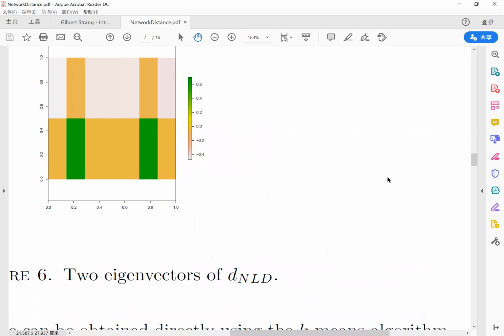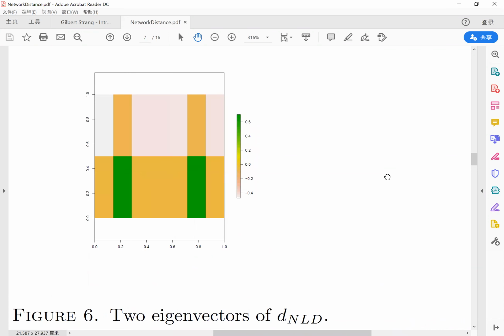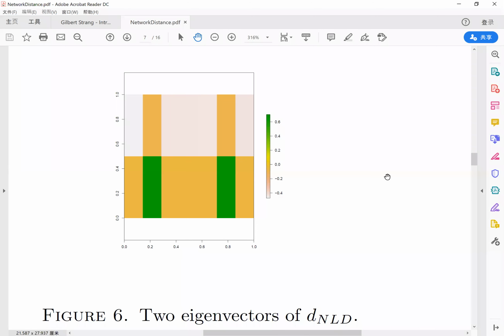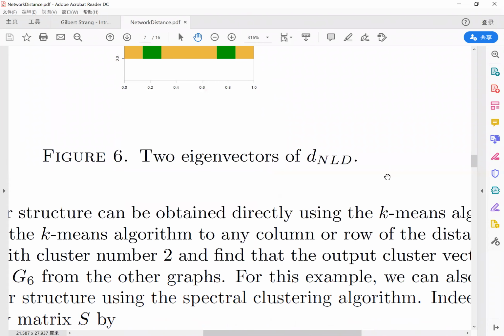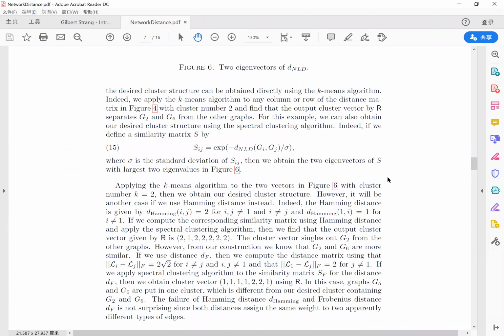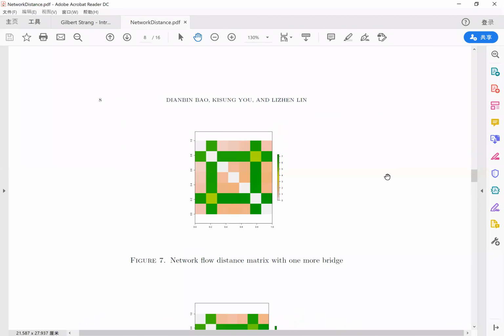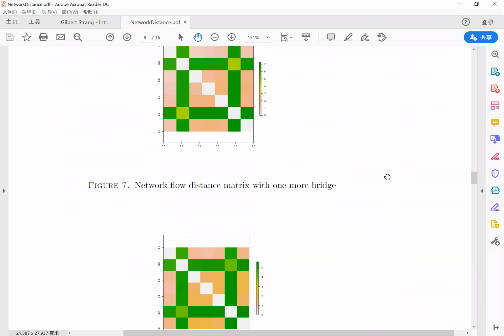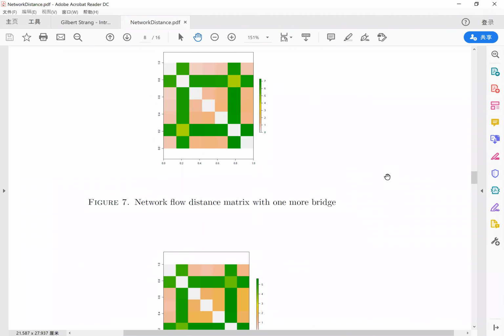You see there are some error terms, but most of them are in two colors, yellow and pink, and there is some error there. This is the idea that we explain. This is our data where we classified objects.